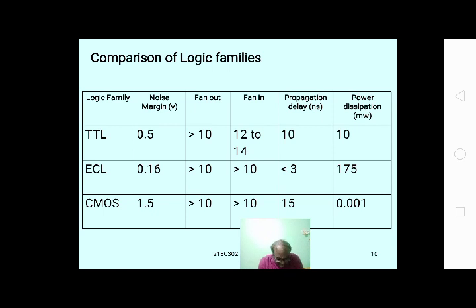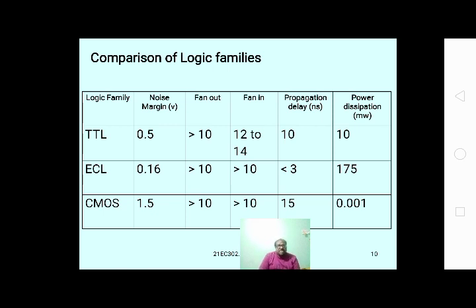For TTL, noise margin is 0.5 volts and noise immunity is very good.